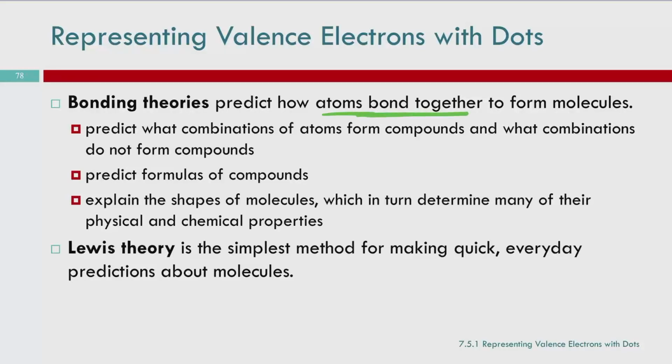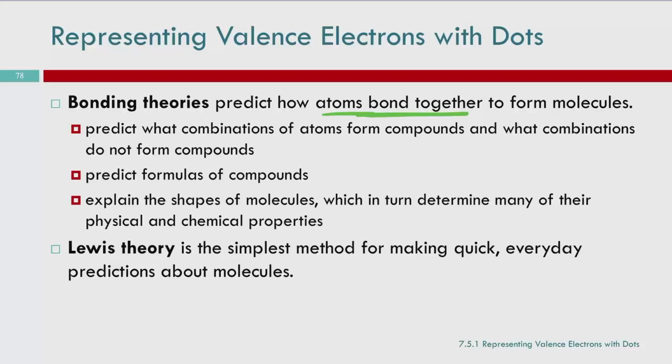So we know that atoms, individual pieces of elements, can interact with other individual pieces of other elements or the same element, and they can form molecules. And so bonding theories can help us predict what combinations work, what combinations form compounds, what combinations do not form compounds. We can predict the formulas of compounds beyond what we've done with ionic compounds, because for ionic compounds we can do the charge, the swap and drop, the crisscross. We can do that to predict the formulas.